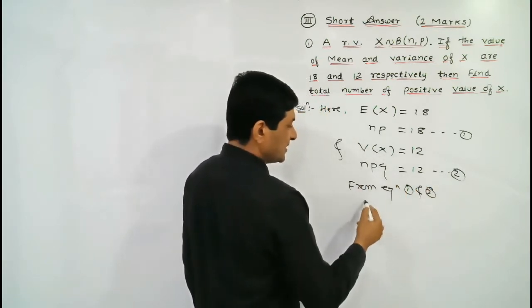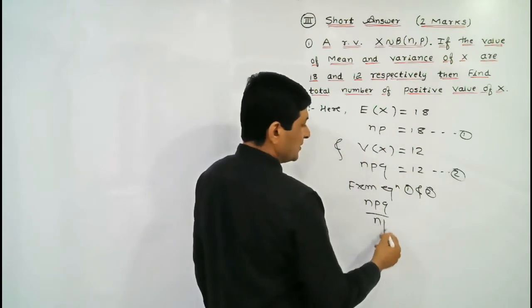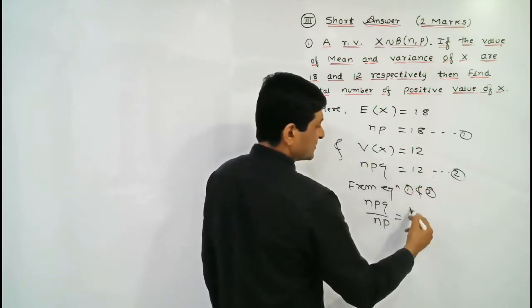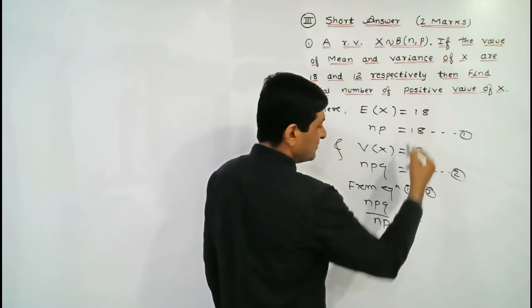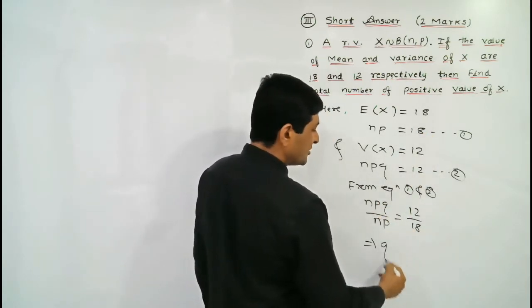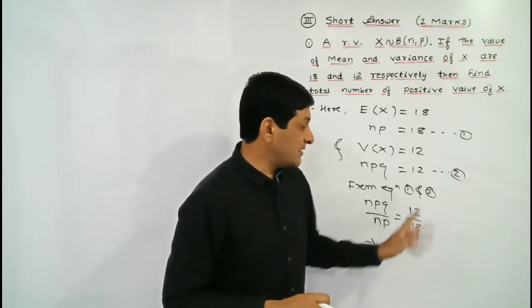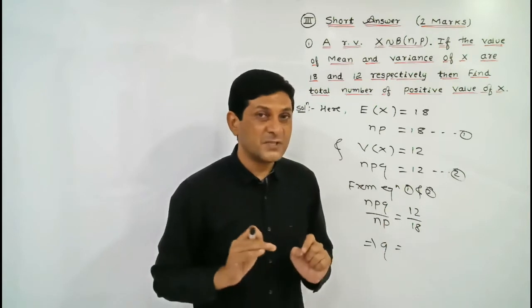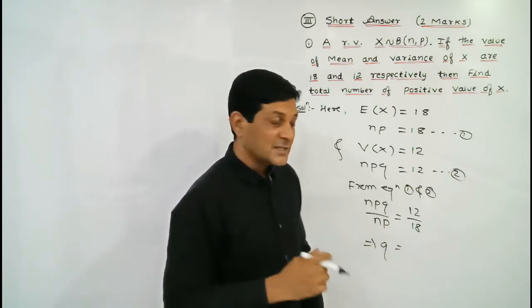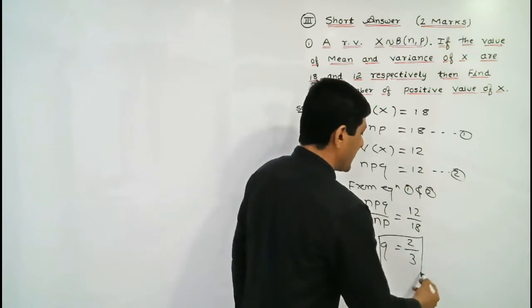If we take the division, npq divided by np, on this side we get npq, that is 12, and here np means 18. So np will get cancelled, which implies that q is equal to, on this side the remaining term is q, and on the right hand side observe that both numbers are divisible by 6: 6 twos are 12 and 6 threes are 18. In this way we have got the value of q, that is 2 by 3.